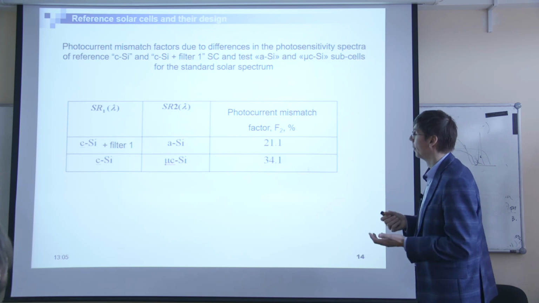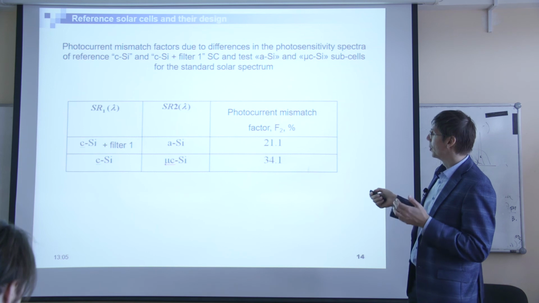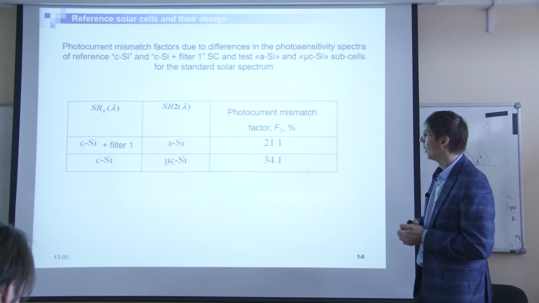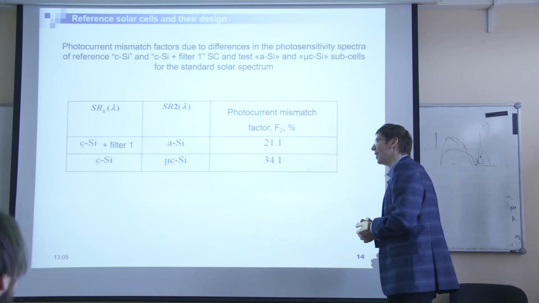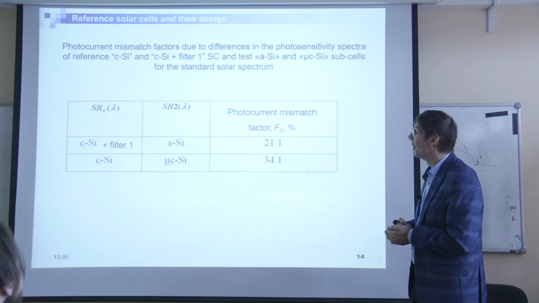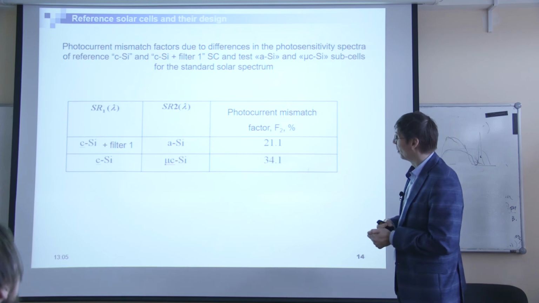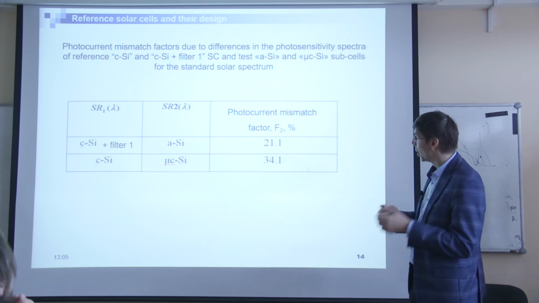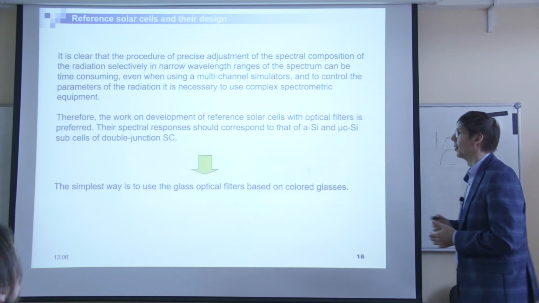If we have a look at this factor F2, you see in percent, it's not so small, 21 and 34%. It's not really nice compared to what we want, because actually we want 0. See, it's not really 0.